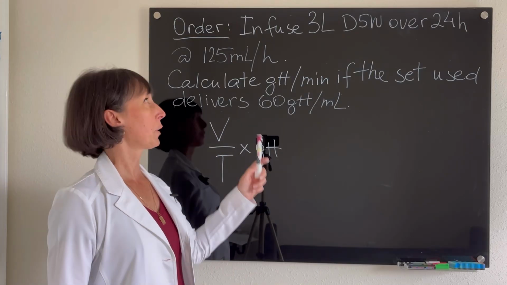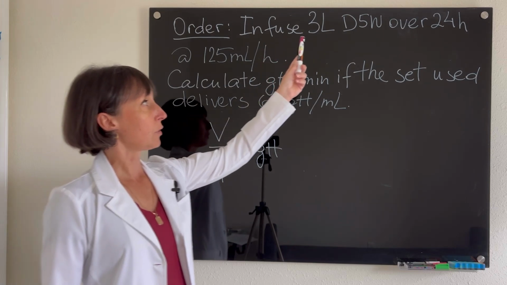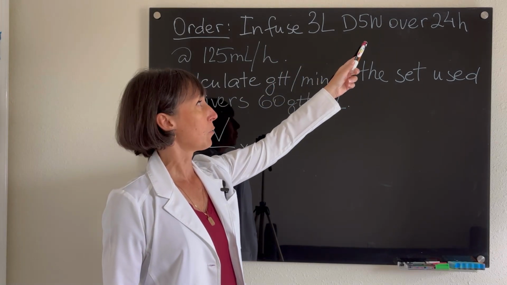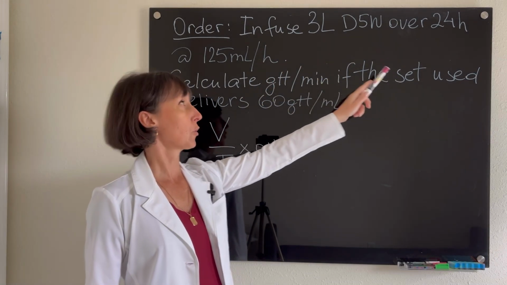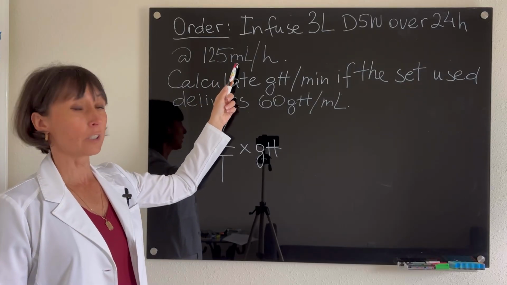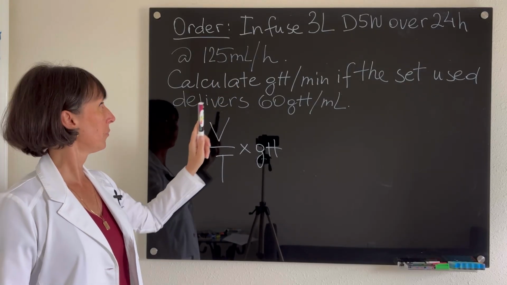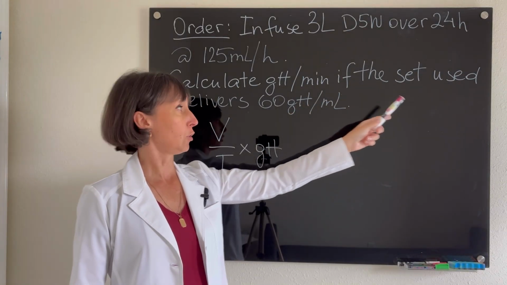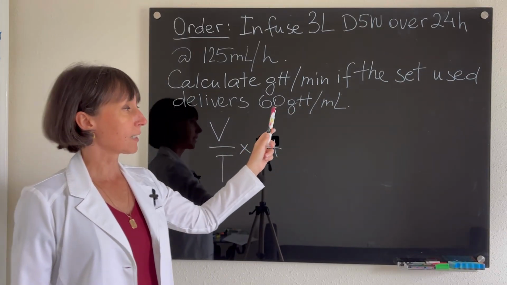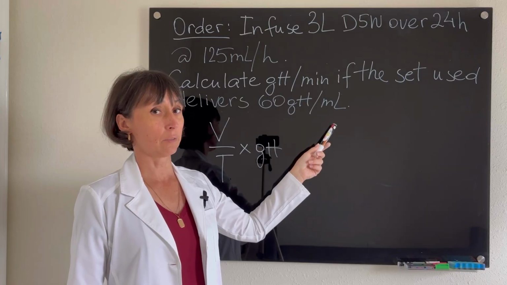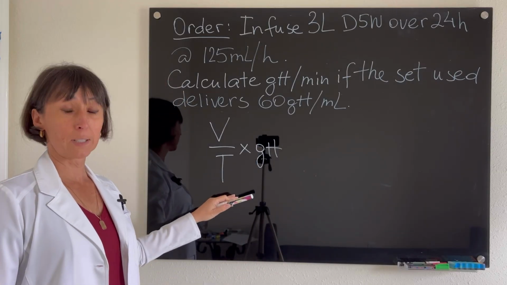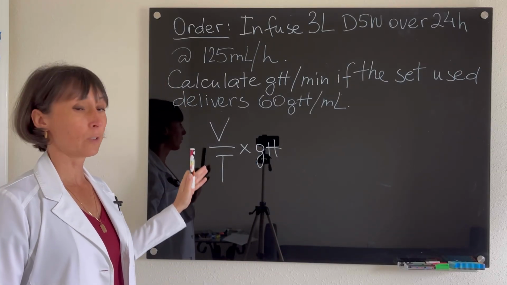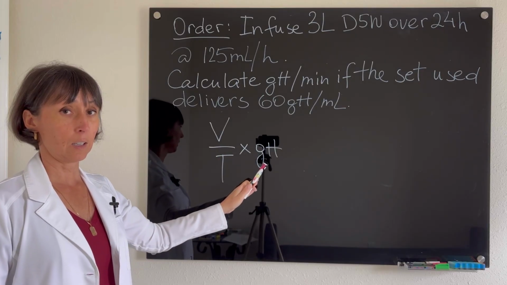Here's our next problem. Order: infuse 3 liters of D5W over 24 hours at a rate of 125 milliliters an hour. Calculate drops per minute if the set used delivers 60 drops per milliliter. Again, we're using the same formula, volume over time times GTT.